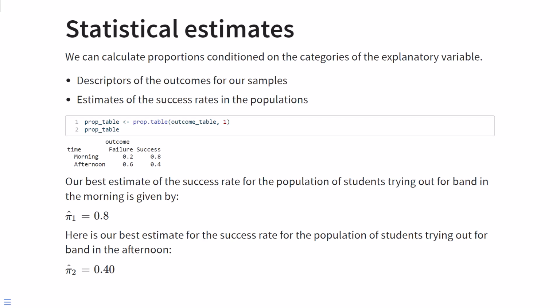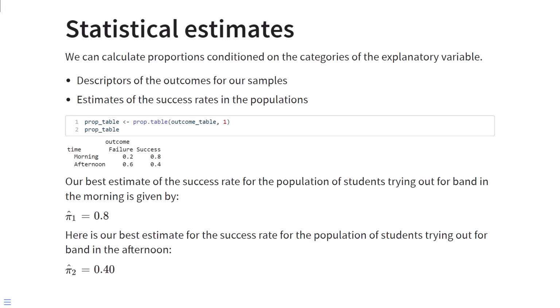When we state that the success rate for the morning was 80%, that's actually what it was in our sample. But now that's only an estimate of the success rate in the larger population that is represented by this sample. That is, that potential population of individuals who might try out for All-State Band in the morning.